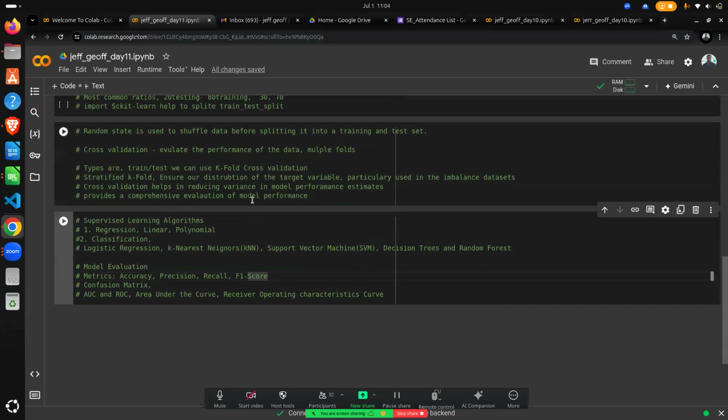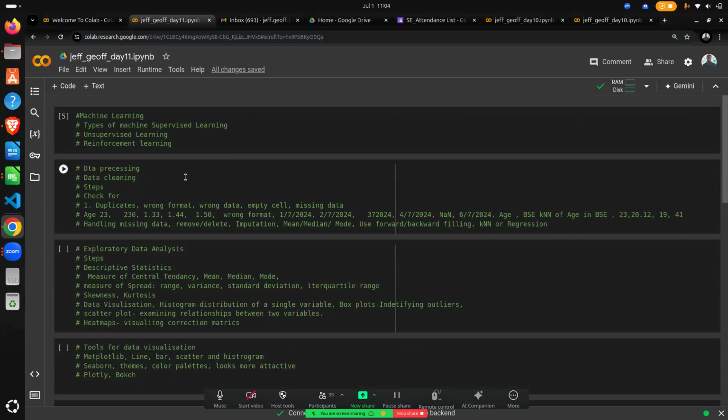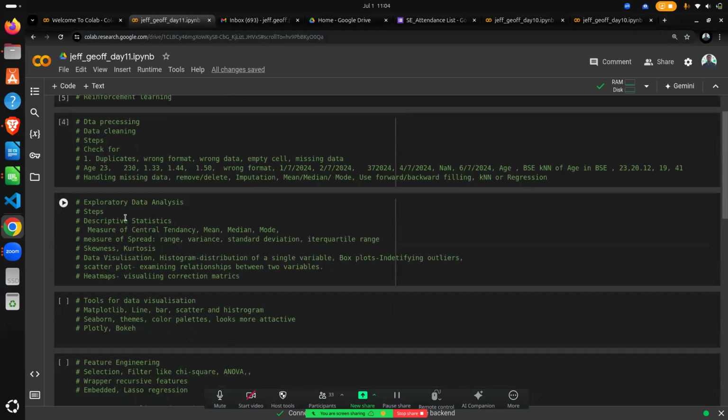Now, the next thing, if you're going to deal with data, make sure you follow these steps. Make sure even in the source code, you have data preprocessing, cleaning, reading, all those things.